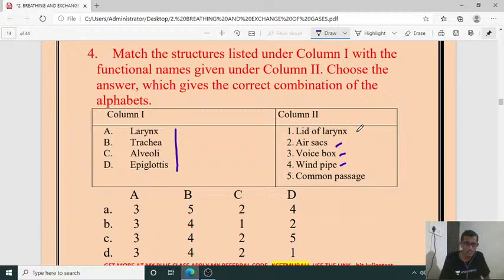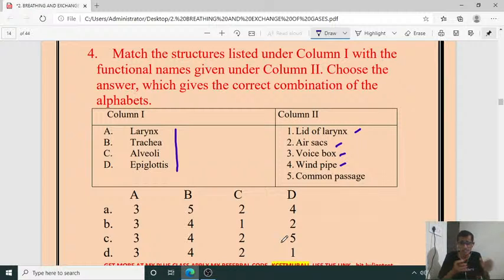Lid of the larynx. The opening of the entire trachea is the glottis, so the glottis will be in the larynx portion. From the larynx we can observe the bifurcation towards the food pipe and the windpipe, that is the esophagus and the trachea.